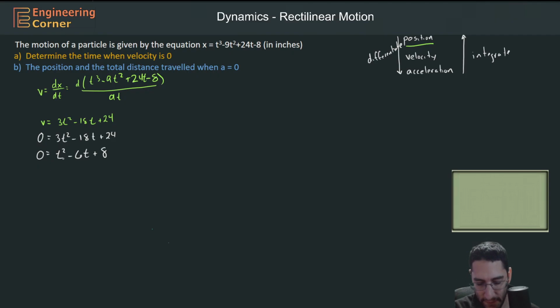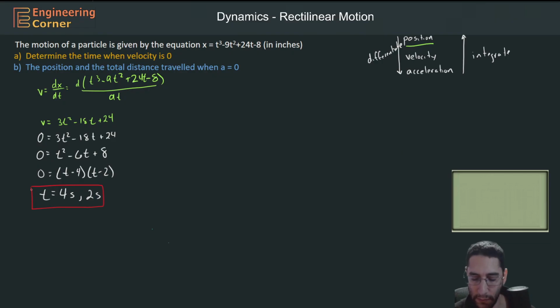So we'll have (t minus 4) and (t minus 2). So the times that we have are t is equal to 4 seconds and t is equal to 2 seconds. And these are the times that our velocity is going to be equal to 0.